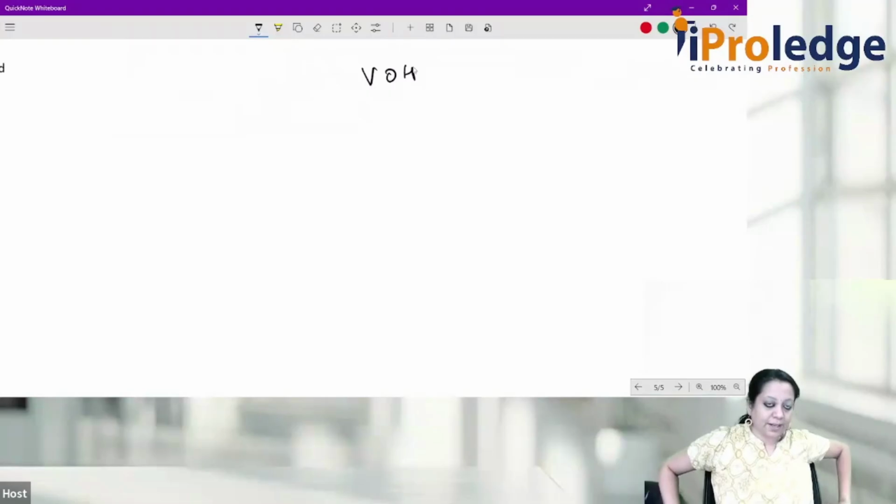Variable overhead. First, can I teach you fixed overhead? Because most of you seem to understand variable overhead. While we still have a little bit of energy, before we go for break, we will do fixed overheads. Slowly that energy will come down.